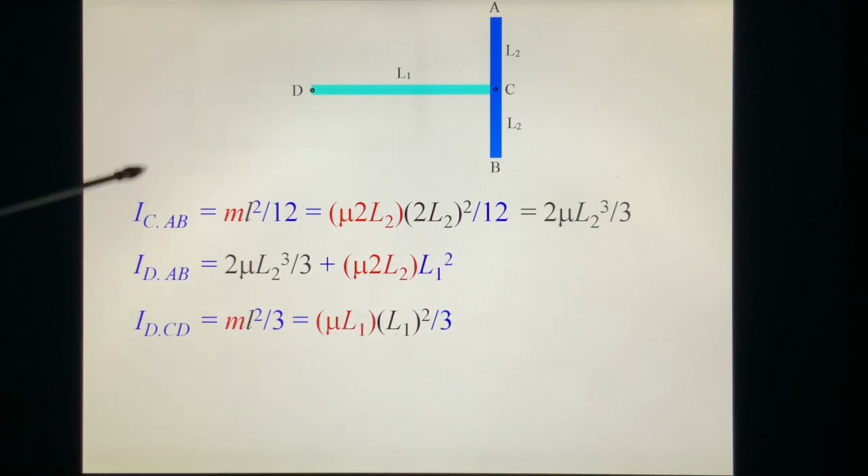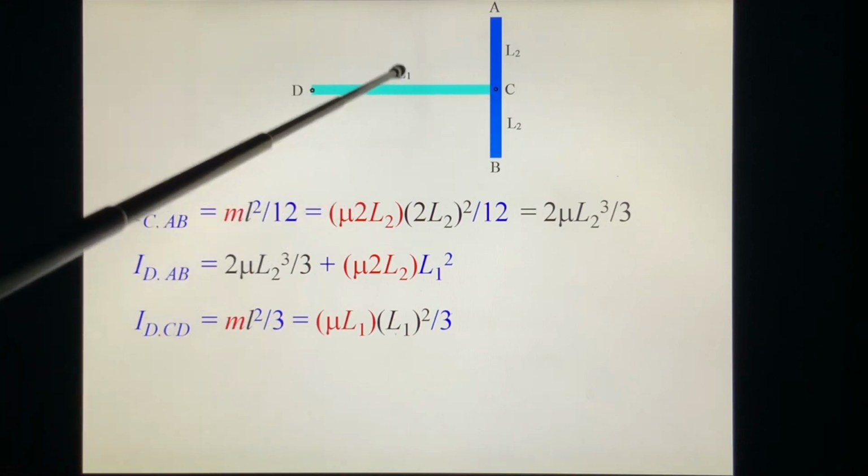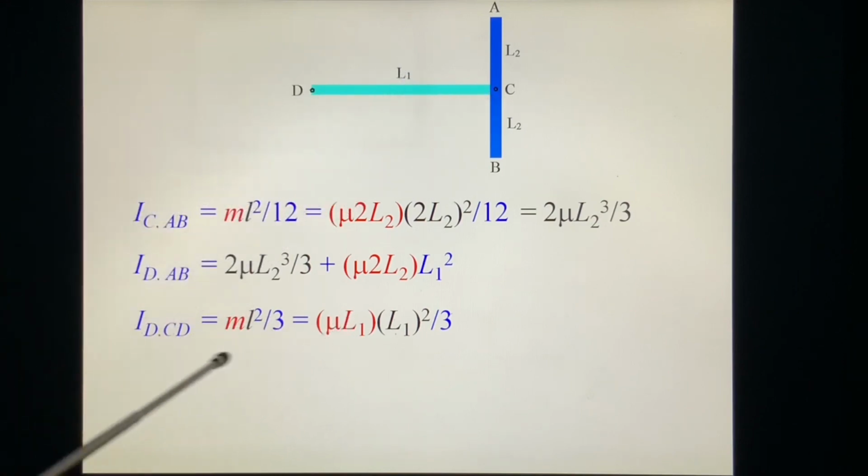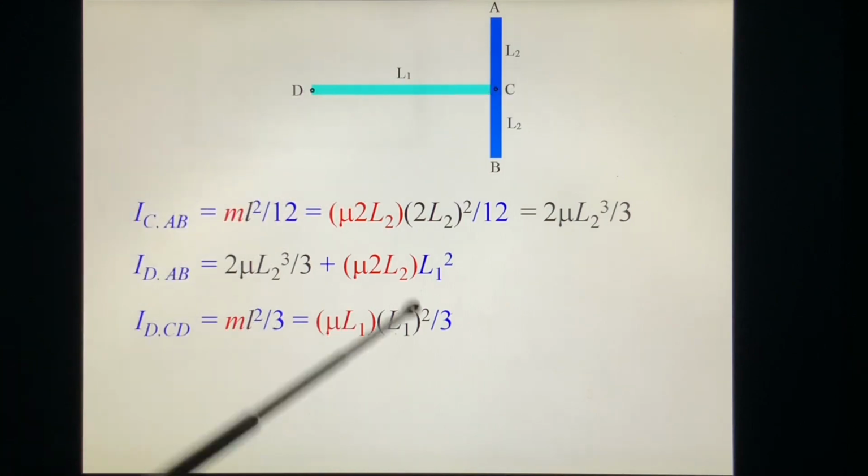So this is the I of AB around D. And this rod CD around D is very simple. We know it is mL squared over 3. M in this case is L1 mu, and L is L1, so L1 squared. So we get all this information prepared.